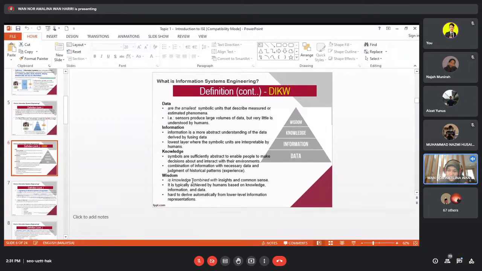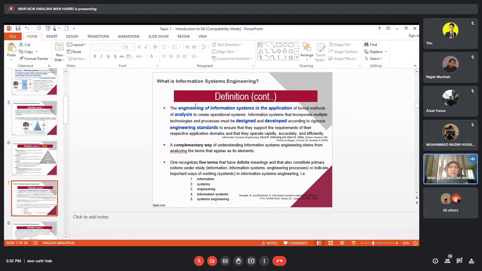Will you proceed in buying? Nope. Bodoh lah kan kalau beli juga orang dah kata scam kan? So you tak ada experience lagi being scammed, but other people have had that kind of experience. So you are using the experience of other people in order for you to make the decision. So this is considered to be the wisdom because you mendengar, melihat kepada insights and common sense that is being experienced by other people, right?